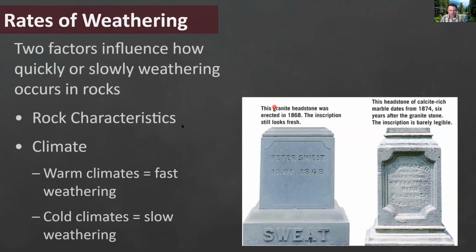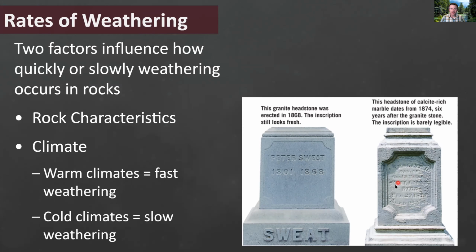All right, so a couple of last little things here. In terms of the rates of weathering, we have the mechanical weathering, we have the chemical weathering, but two factors really influence how fast that happens, all right? The first one is the rock characteristics, like how strong is the rock? Granite on the left is really strong.